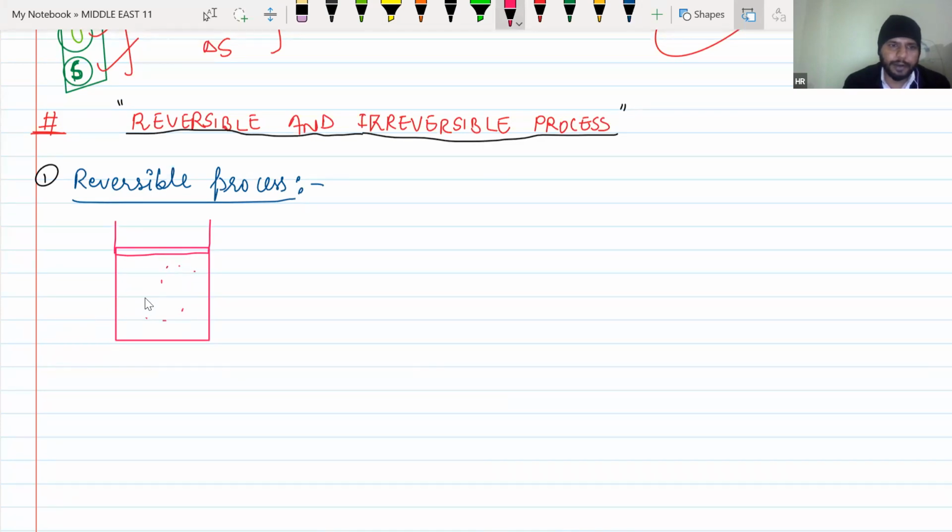Here are gaseous particles present. Now see, here is the piston. And you know that P external means you are applying pressure on it. And here P internal means pressure of the gas, right?